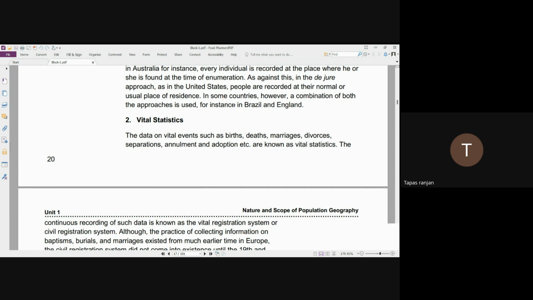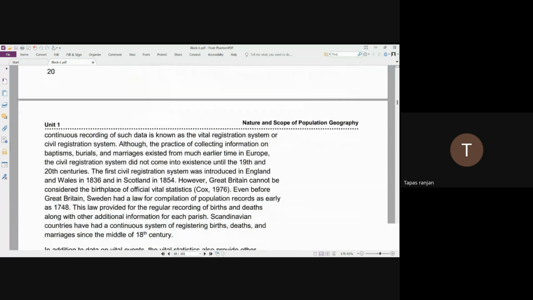Okay, so what is the natural growth rate? If you want to know about the natural growth rate of any region, then you can go through these vital statistics. It gives us data about births, deaths, marriages, divorce, separations. All these kinds of data are widely available in vital statistics.